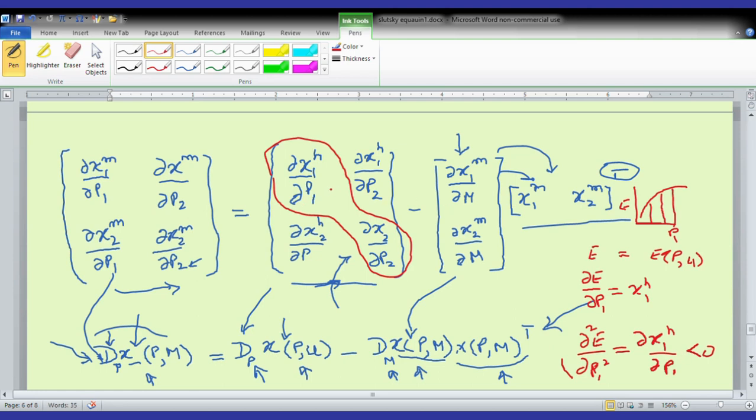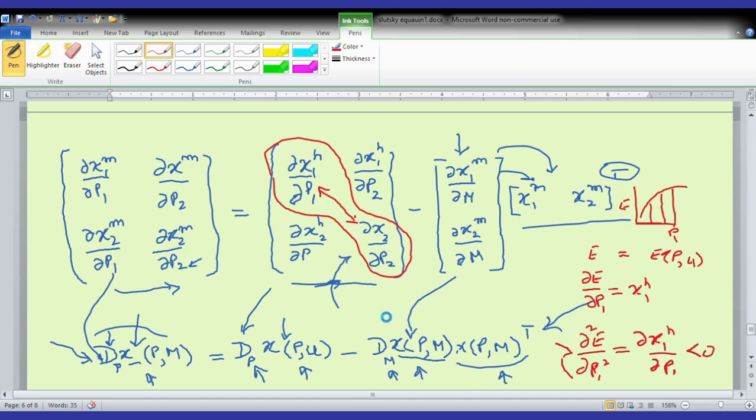So the diagonal elements are non-positive, equal to or less than 0, and this is true, as we have shown, because of this property of the expenditure function. If we assume that the underlying utility function is strictly quasi-concave, then these elements in the diagonals are definitely less than 0. So there is no reason to assume otherwise.